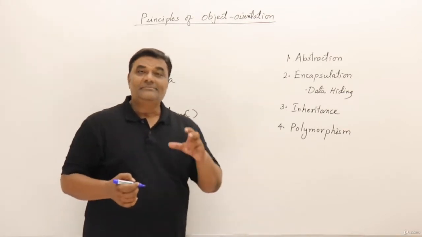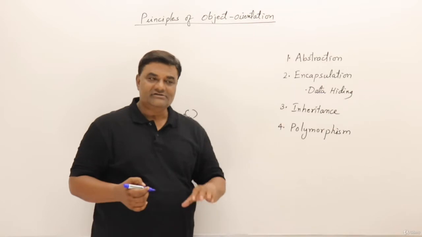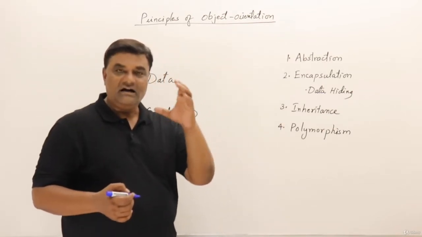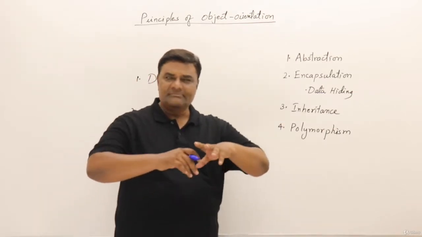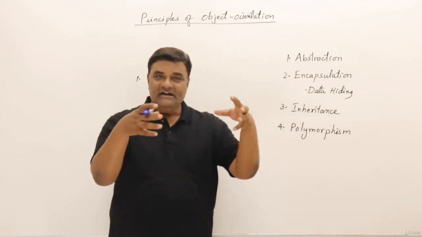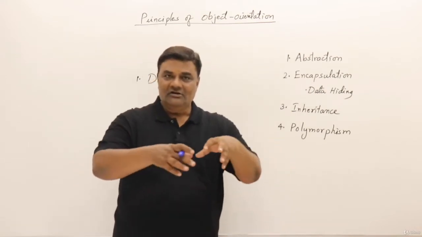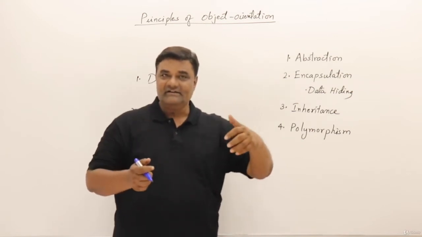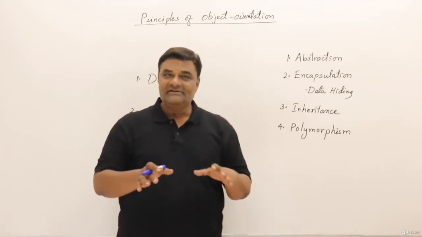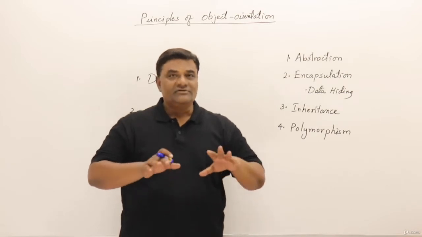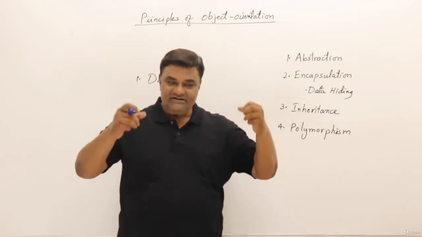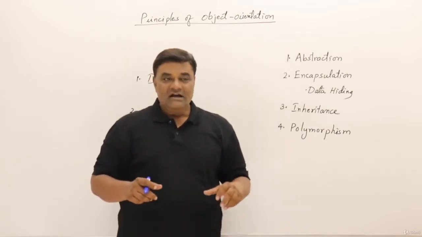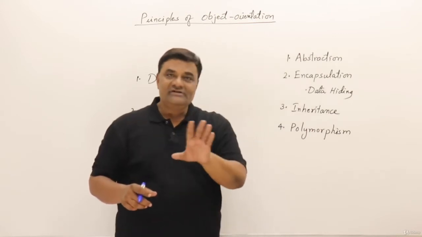First of all, abstraction. If you look at a car example, all the mechanism of the car is hidden inside some cabin or bonnet, and what is visible outside is the steering, the gear shaft, and the pedals for acceleration and all. These are visible to the user, everything else is hidden inside. How the car is working, the driver need not know.